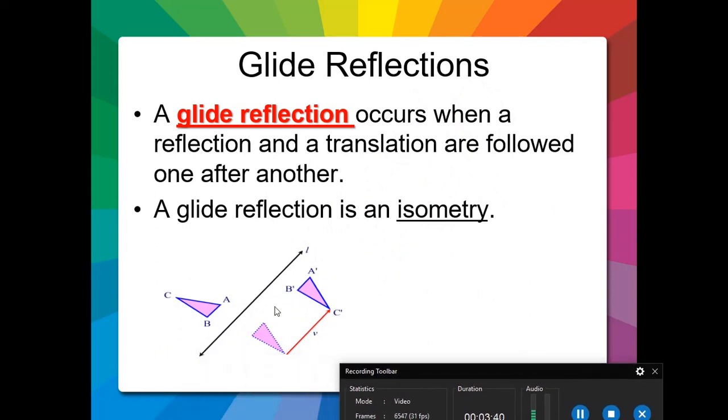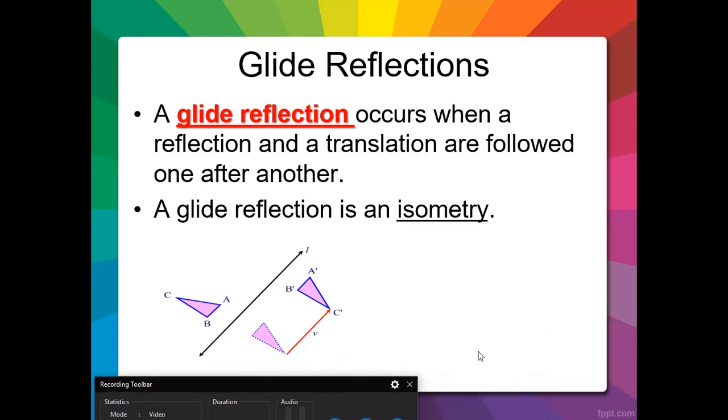This first diagram shows triangle ABC. It looks as though it was reflected in line L, and then it was translated some number of units V to A prime, B prime, C prime. In the second image, we're starting with quadrilateral ABCD.